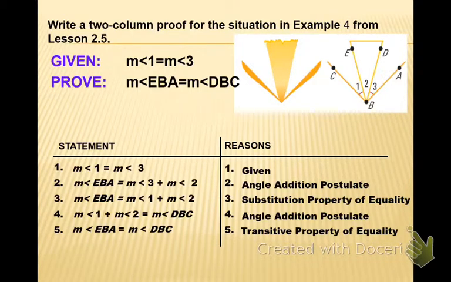Transitive property. And that's what we wanted to prove. That's what we wanted to show. And so we're done. Once we write down as a statement what we wanted to prove, we're done. Does that make sense?